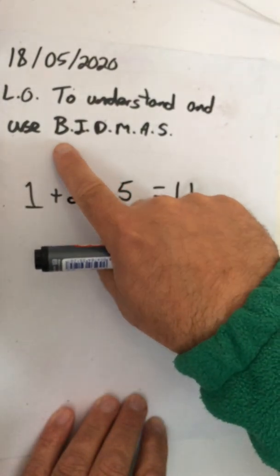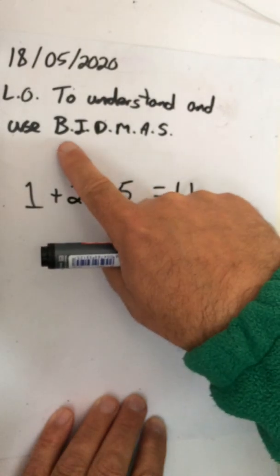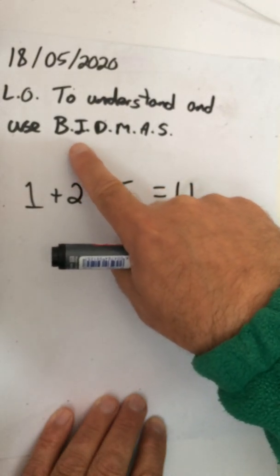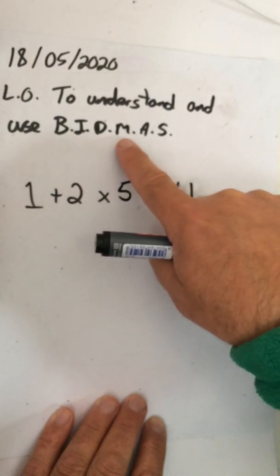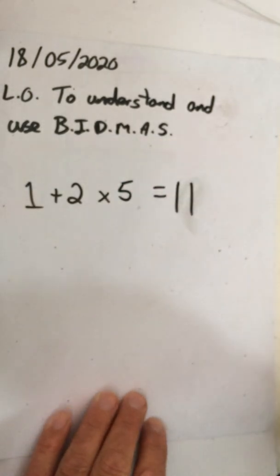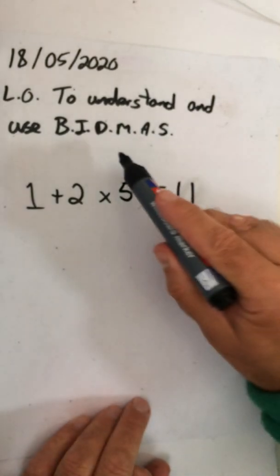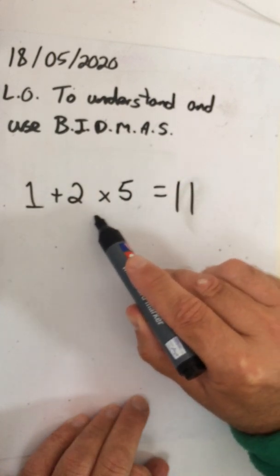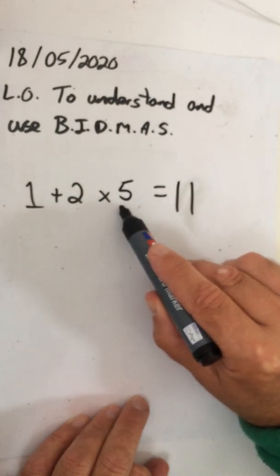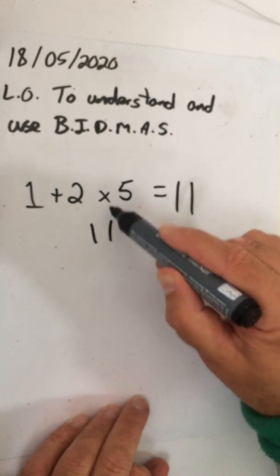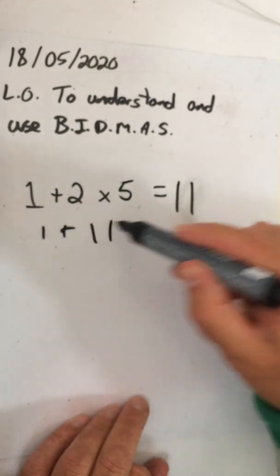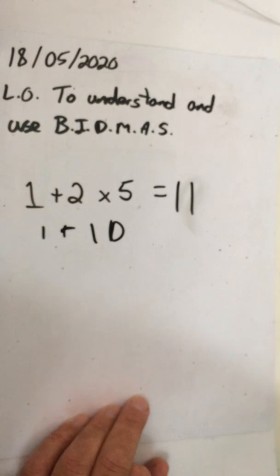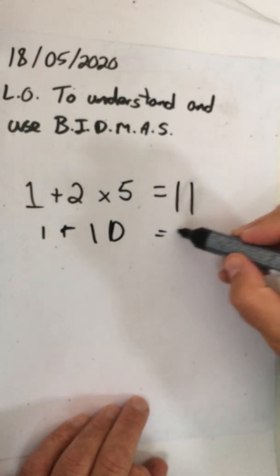Okay, because BIDMAS, this is the order in which we do the sum. It says brackets first, then indices, then divides, then you do your multiplies, adds and subtracts. So that actually means multiplying comes before adding, so I have to times those first. So 2 times 5 is 10, so it becomes 1 plus 10 is 11.